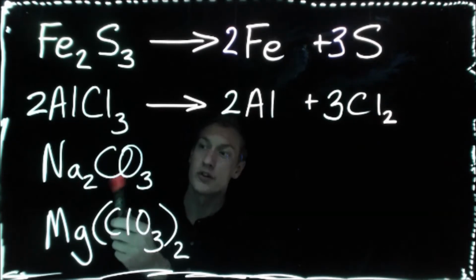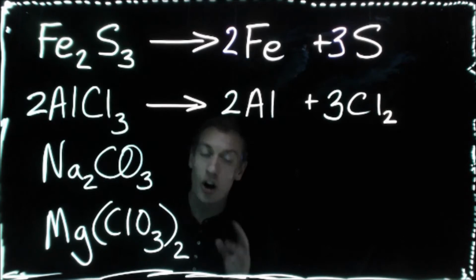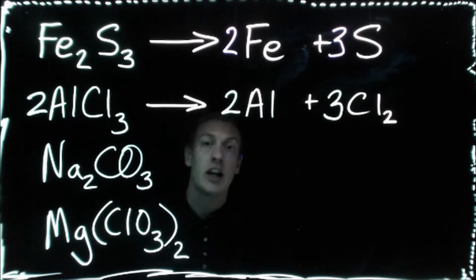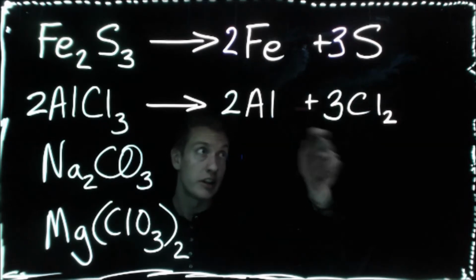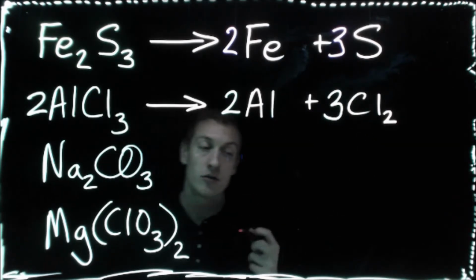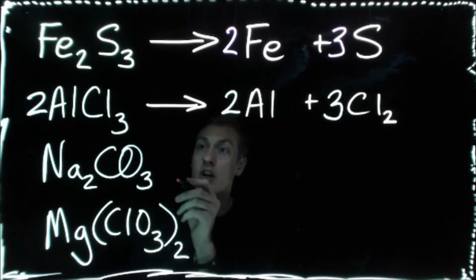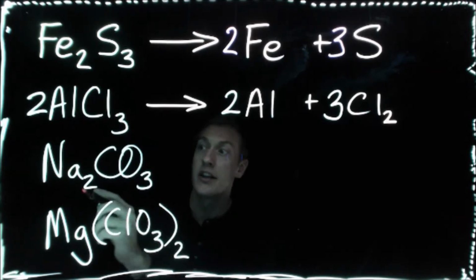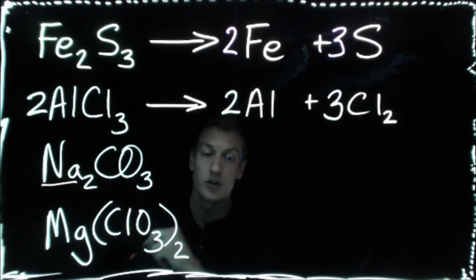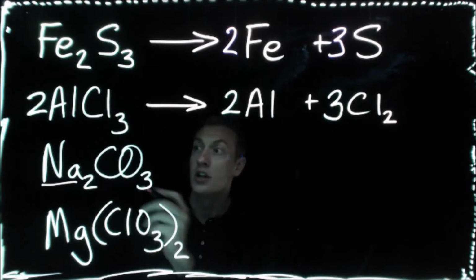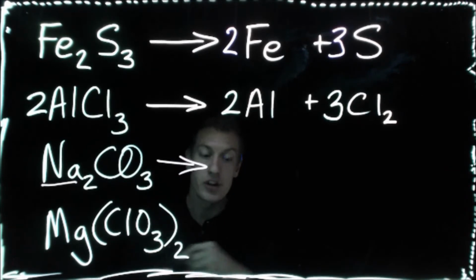Next up, we have sodium carbonate. Carbonates are a special class. When carbonates decompose, they aren't going to split into each constituent element. Carbonates will produce carbon dioxide gas and then the metal bonded to oxygens. So we're going to decompose this.